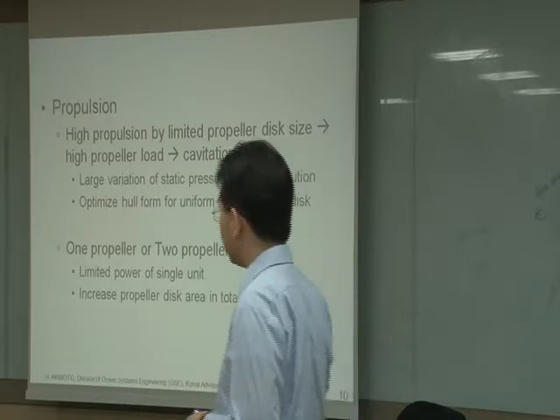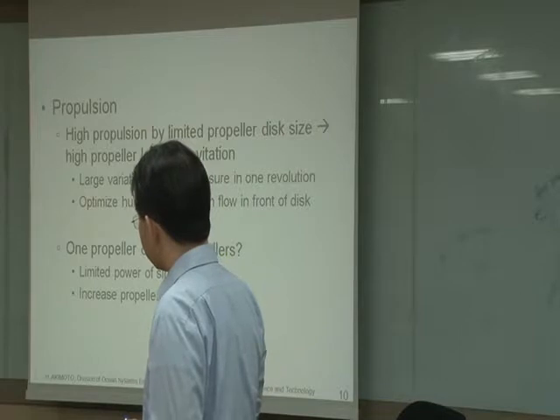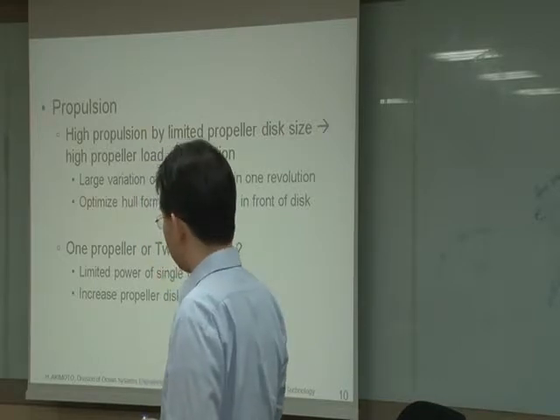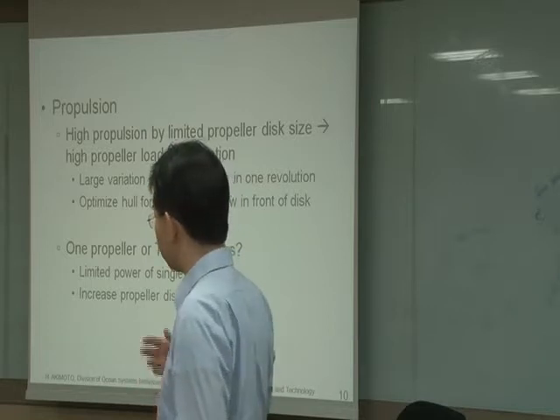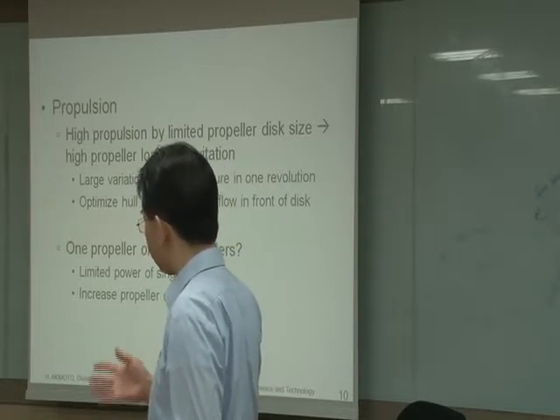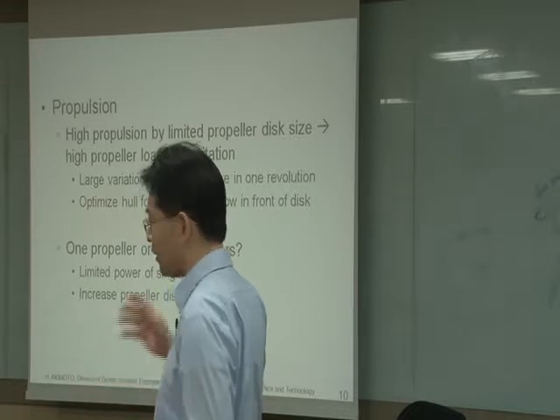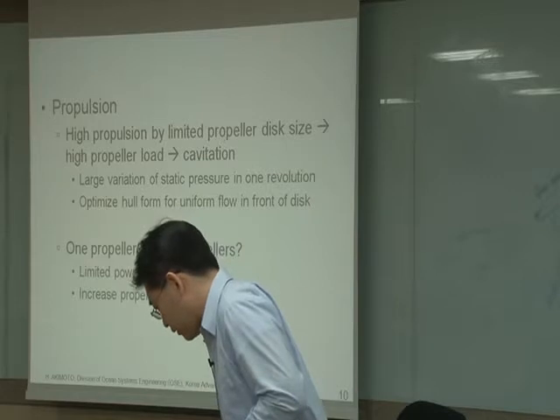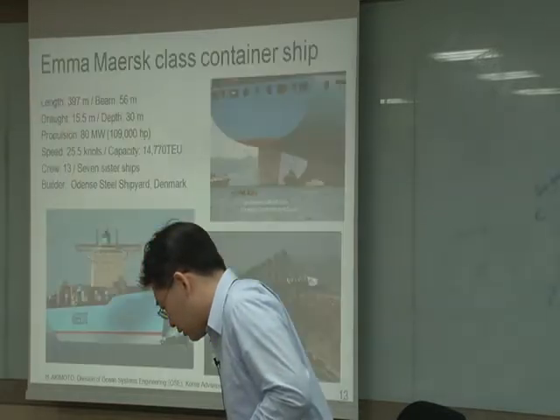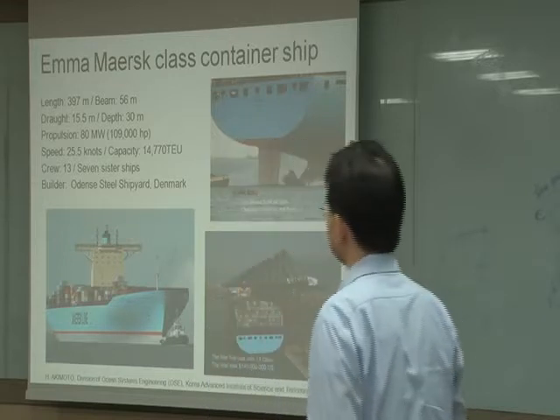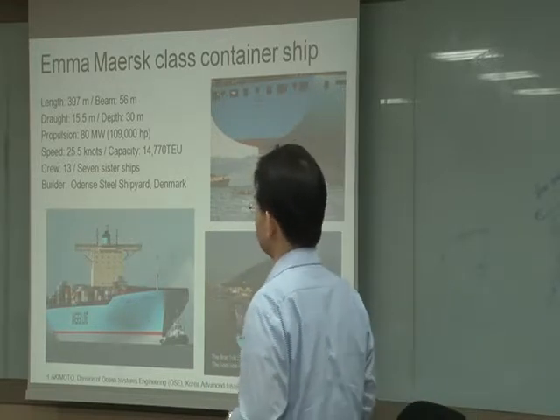But actually, two propellers are not as efficient as a single propeller. So we have to compromise the design between one single propeller and twin propellers. We will see some examples of large container vessels.